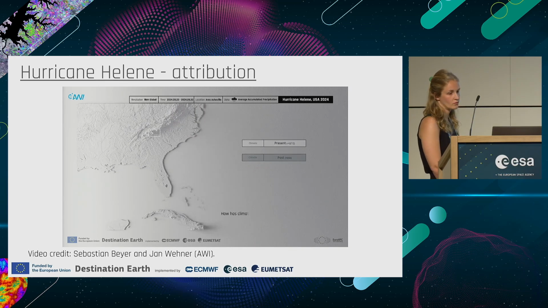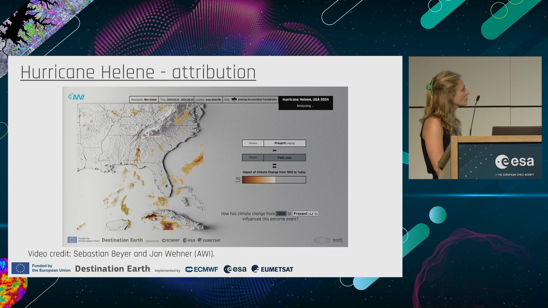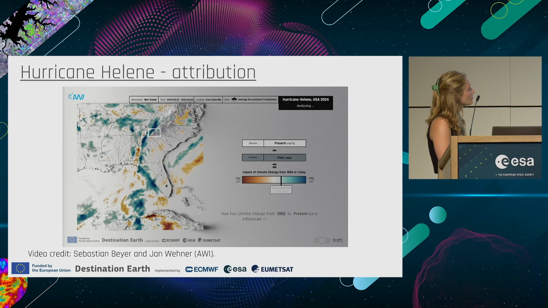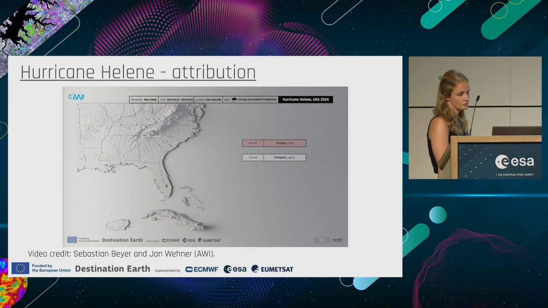How has climate change from 1950 to present influenced this extreme event? In the selected area of Asheville, accumulated rainfall has increased by 20.2 litres per square metre compared to 1950 climate conditions. This represents a rise of 8%.